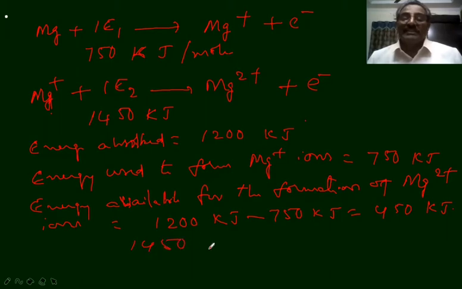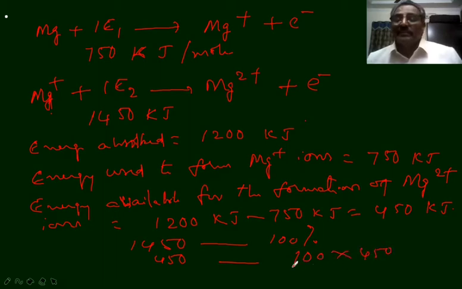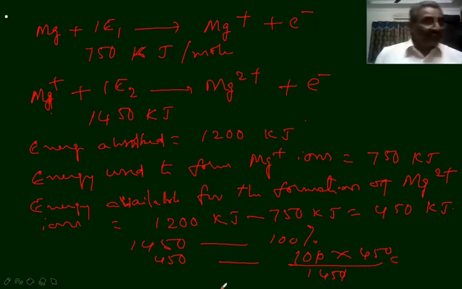1450 kilojoules of energy is required to convert 100%, that is 1 mole of magnesium, into Mg2 plus ions. 450 kilojoules of energy can convert, the percentage is equal to 100 into 450 by 1450, that is 4500 by 145, that is equal to 31.